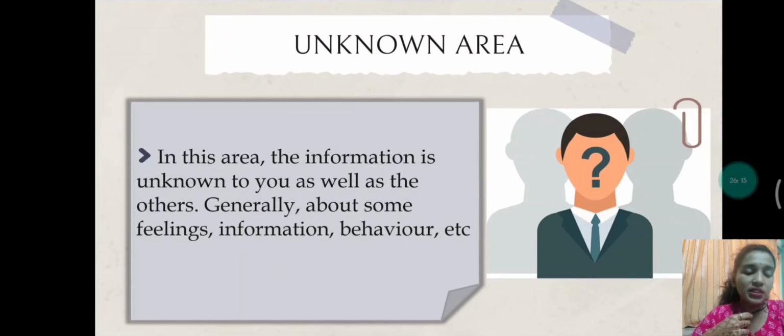The person as well as the group is unaware of how the person is until he or she discovers it. They might discover you, or you yourself will discover certain feelings or personality traits slowly and gradually. To reduce this unknown area, one should try open communication.